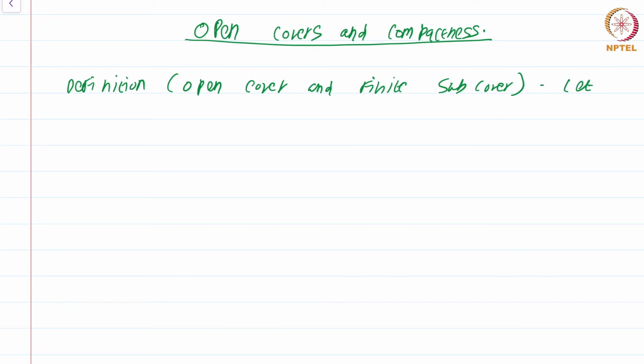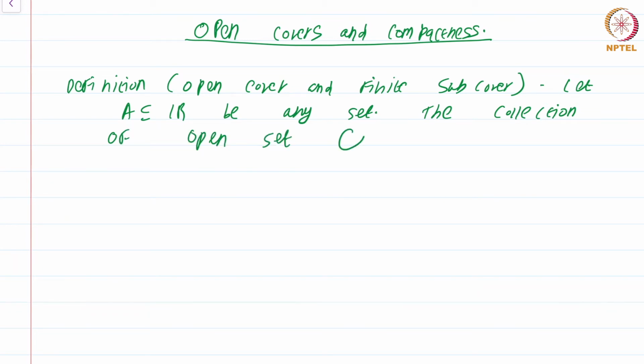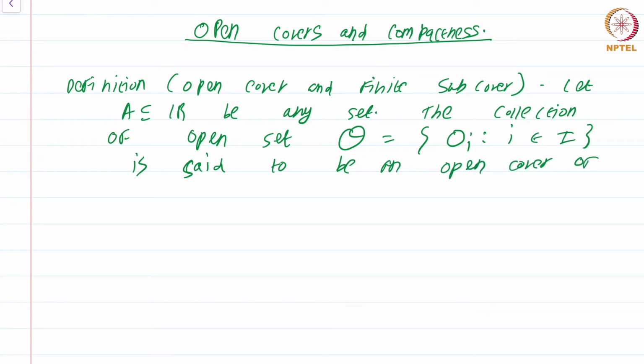This is the definition of an open cover and finite subcover. Let A, a subset of R, be any set. The collection of open sets, script O, which is some O_i, with i coming from some indexing set, is said to be an open cover of A if A is a subset of the union of all these open sets O_i.